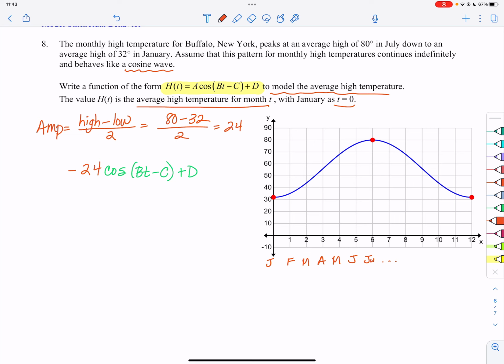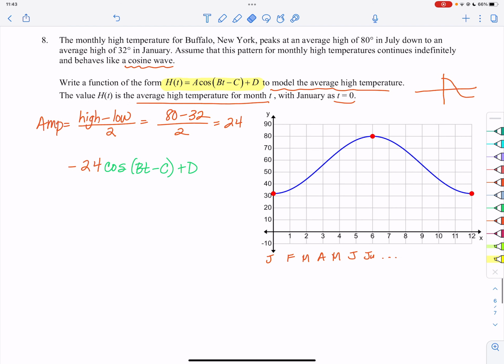Since the cosine begins here and comes around, this is a reflection. This has a negative value. So this is reflecting across the x-axis. You can see that the wave that would make that negative, okay? Let's continue to see what we have.